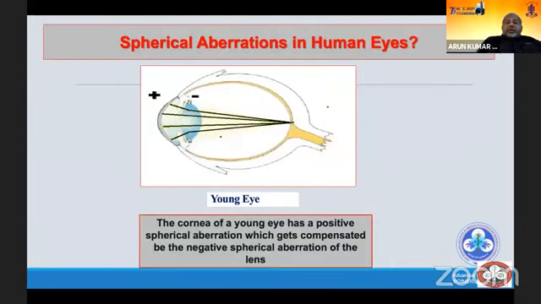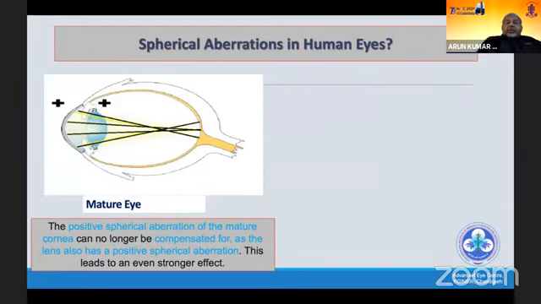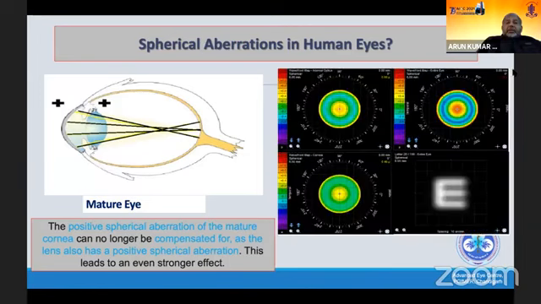In young age, the lens has negative spherical aberration, which partly neutralizes the positive spherical aberration of the cornea. As the lens ages, its spherical aberration becomes positive, and it reduces the quality of vision, as we can see.